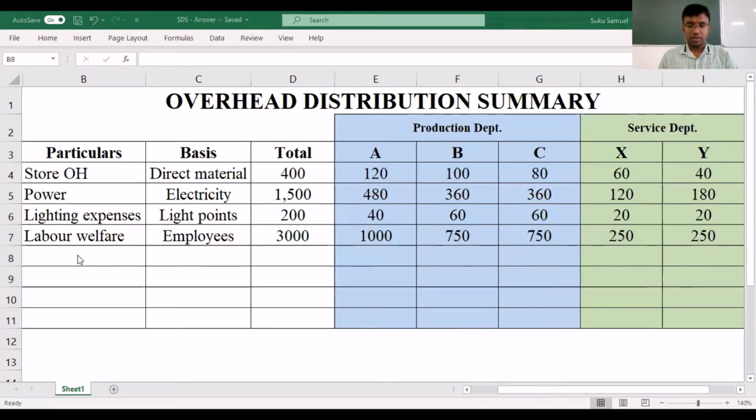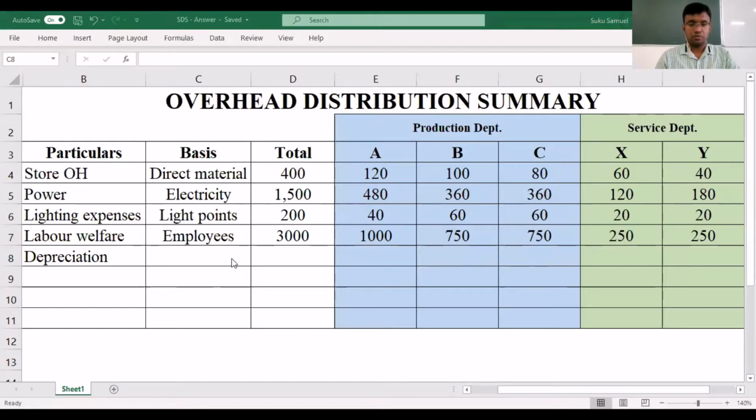Next one that we have is depreciation. What would be the basis for apportioning depreciation? Any thoughts? Very good. Depreciation would be reapportioned on the basis of asset value.